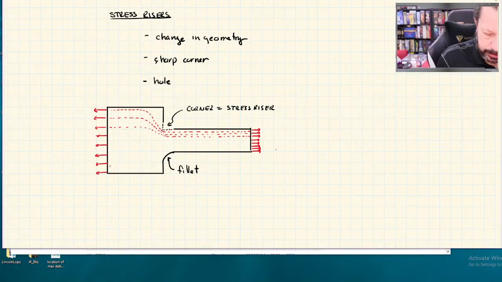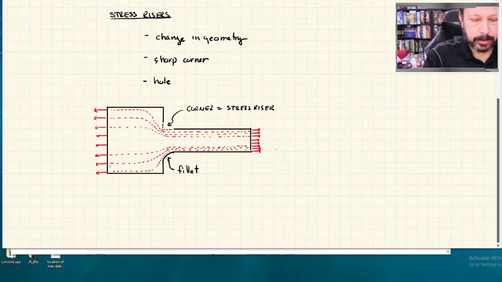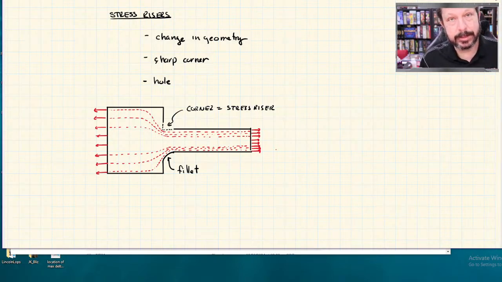And so when these stress flow lines have to compress, it just gives them a little bit more room to not get so bunched up. You know, they're still going to have an increase. It's still going to be bunched up a little bit, but it gives them a little bit smoother transition. So there's still a stress riser there. It's just lessened by rounding out or filleting this corner.